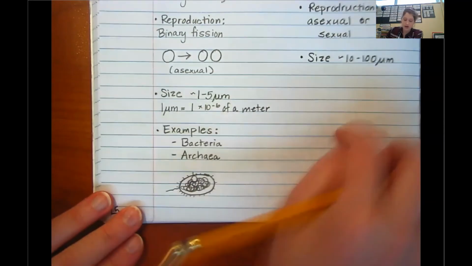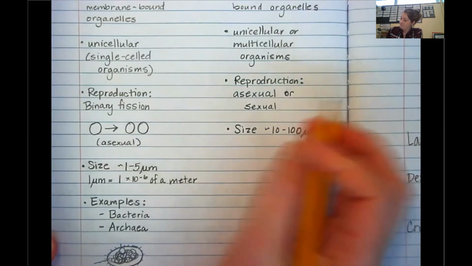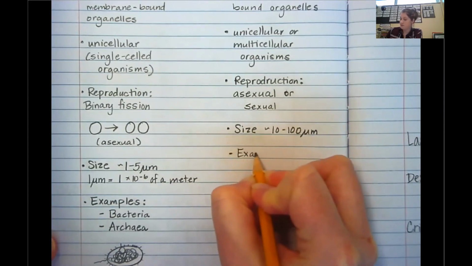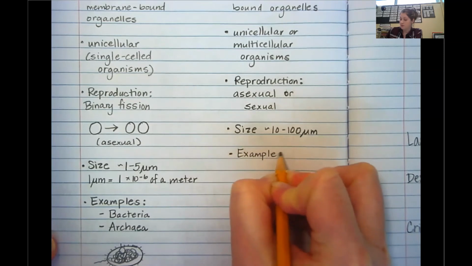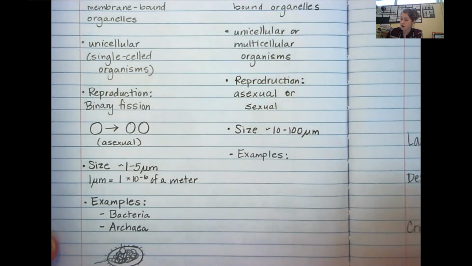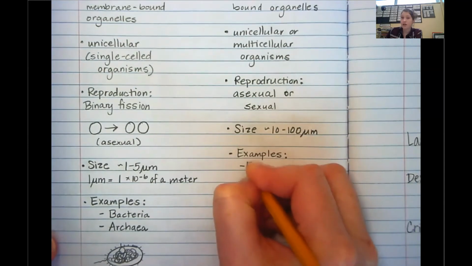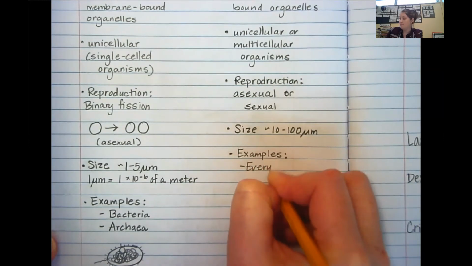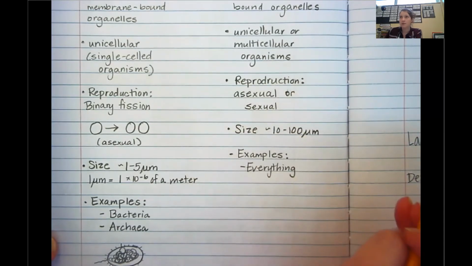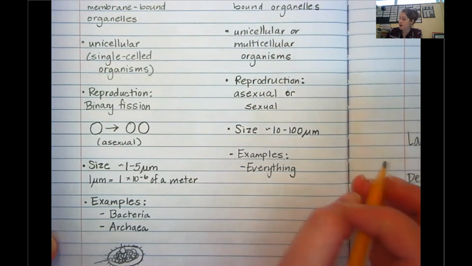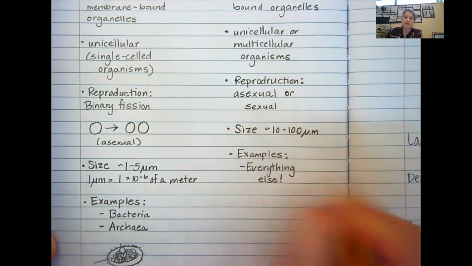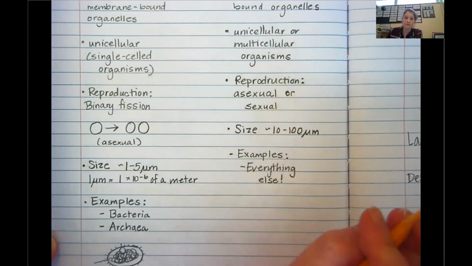On the contrary, examples of eukaryotes are literally everything else. Besides bacteria and archaea, everything else has a nucleus and membrane-bound organelles, or at least everything else that we know about has these features.